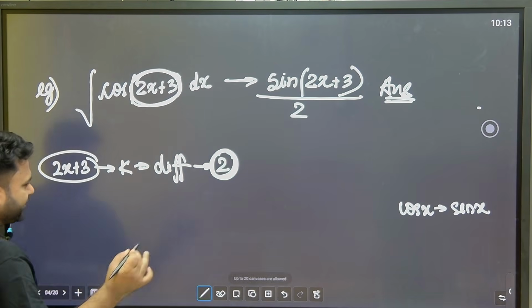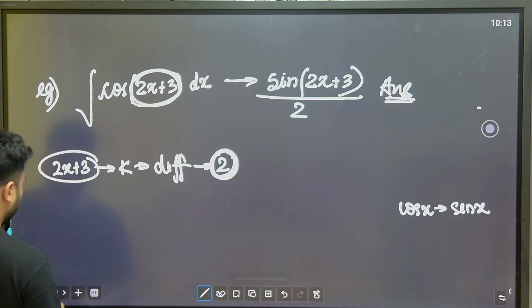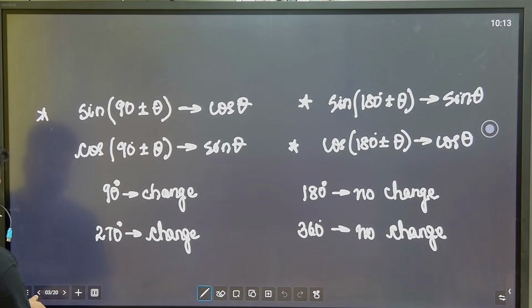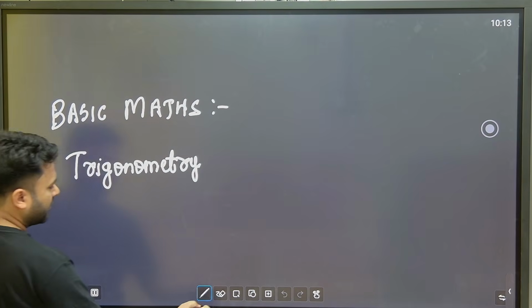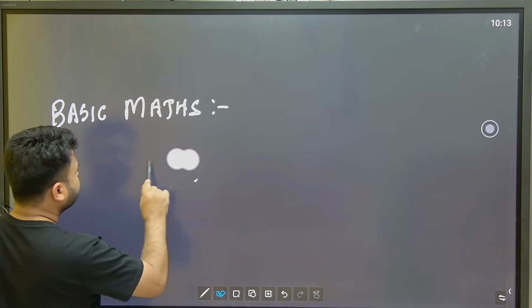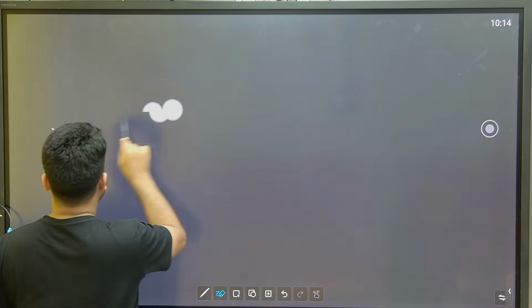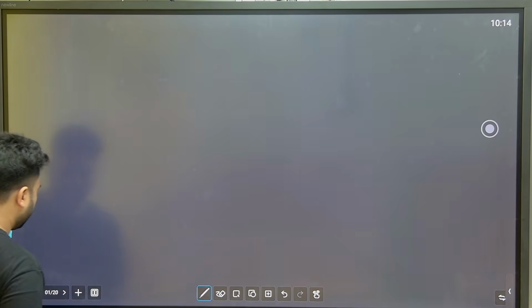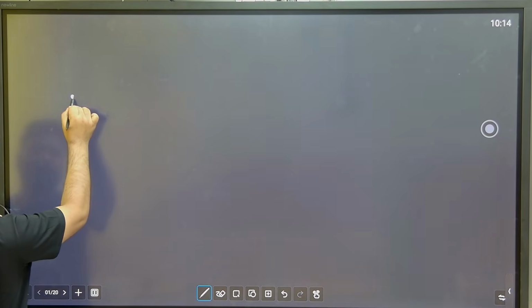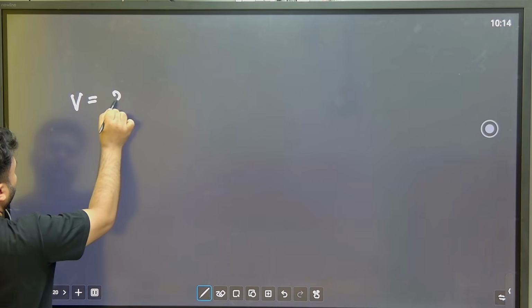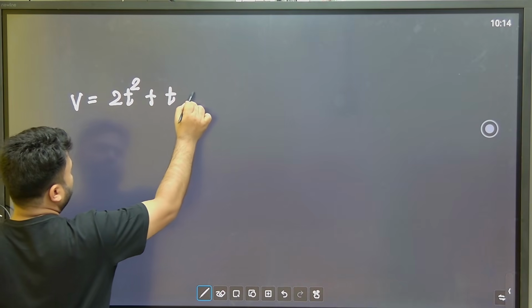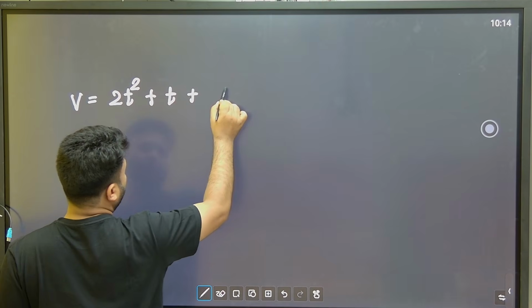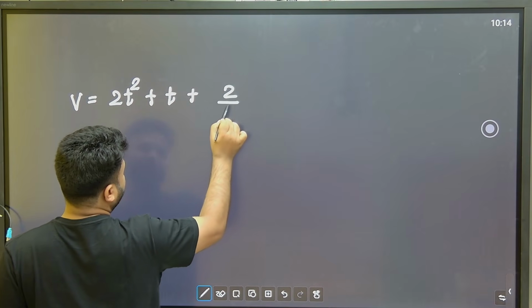Now see, let's take another example so that you understand better. Suppose v equals 2t square plus t plus 2 by x.